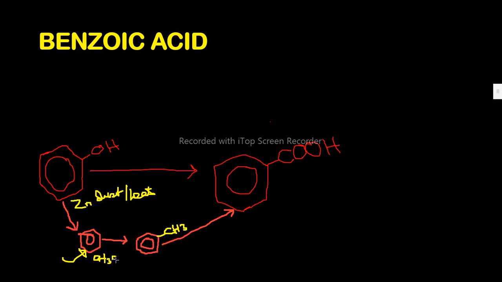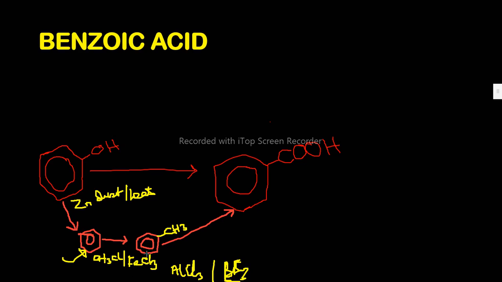So let's use CH3Cl in presence of any halogen carrier. Maybe we can use iron 3 chloride, or somebody can use aluminium 3 chloride, or somebody can use boron 3 chloride, any halogen carrier that you think you want to use, you can use it.